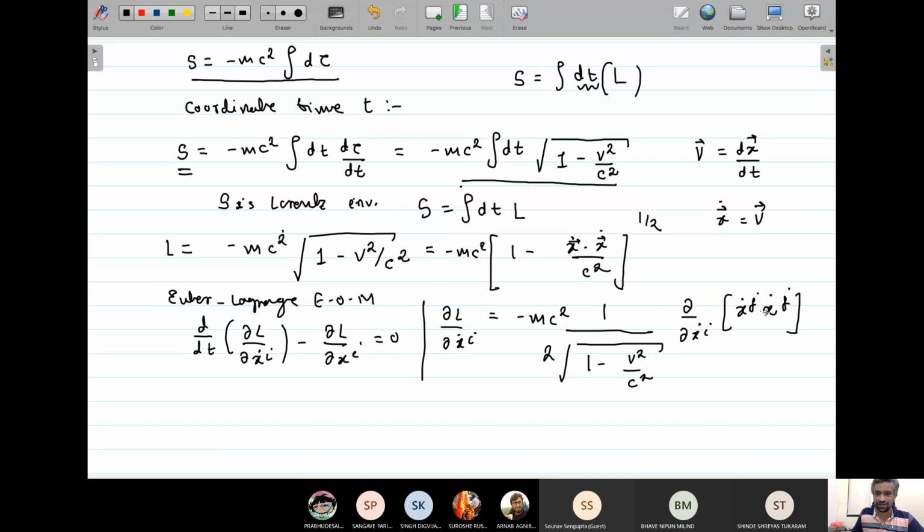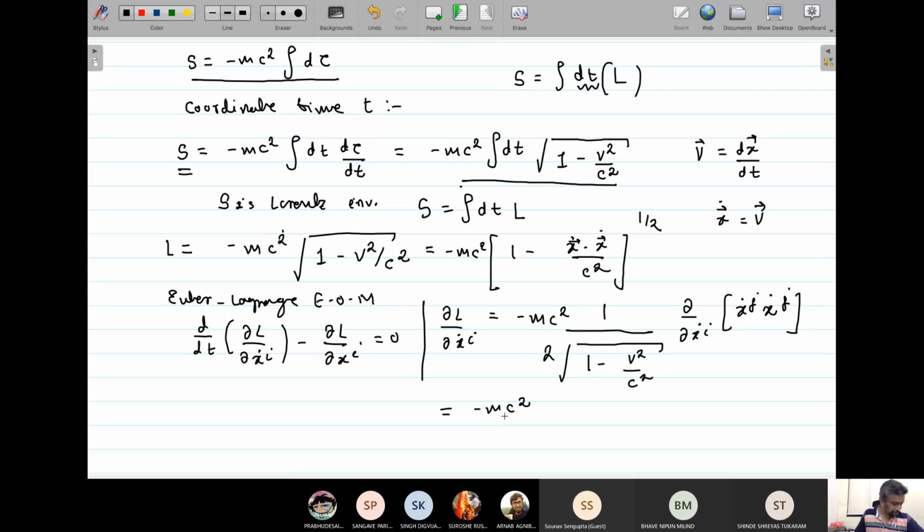So what is this differentiation? It will be minus mc², and there will be one Kronecker delta when I differentiate this factor, plus another Kronecker delta from differentiating the other factor, so they add up and I get twice, so the two cancels.